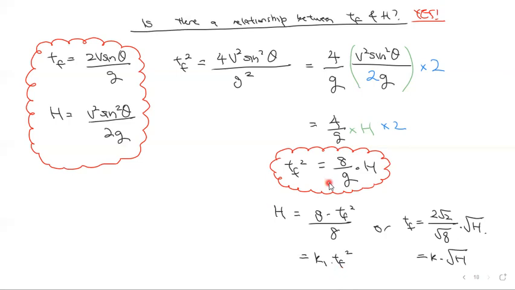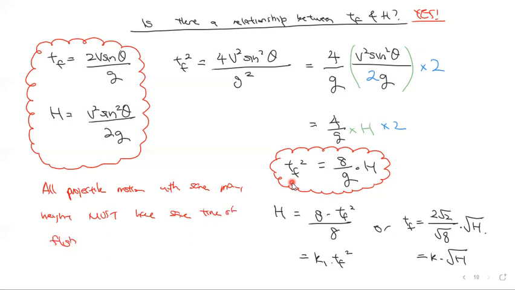But more importantly, what I'm trying to get through to you here is that any projectile motion with the same max height must have the same time of flight, without exception. So all projectile motions with the same max height must have the same time of flight, because it's only due to gravity.